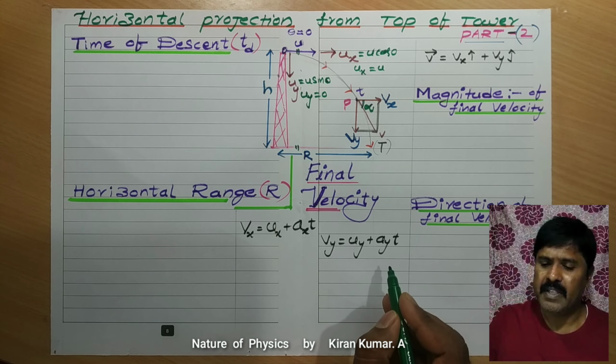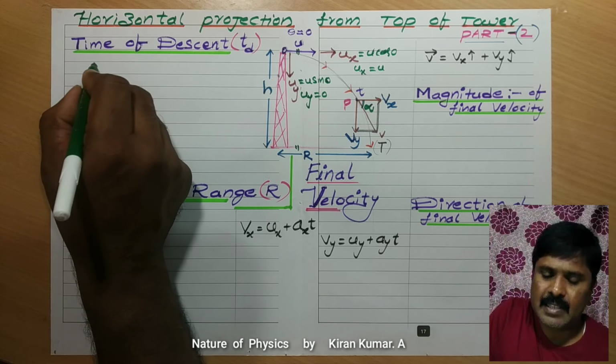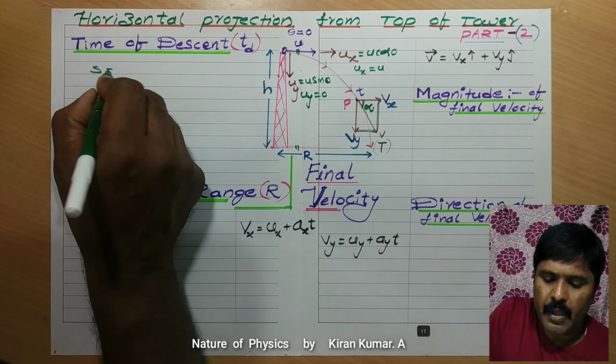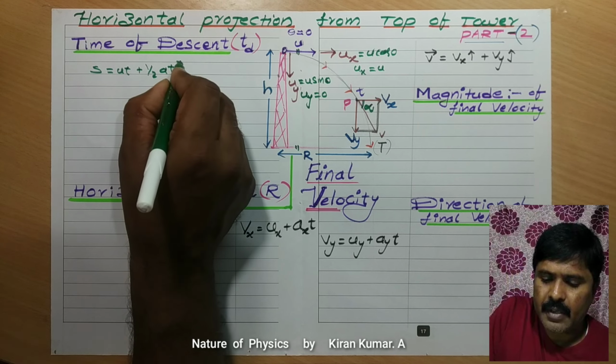And for time of descent, I am going to find the best equation. S is equal to ut plus half at square, student.